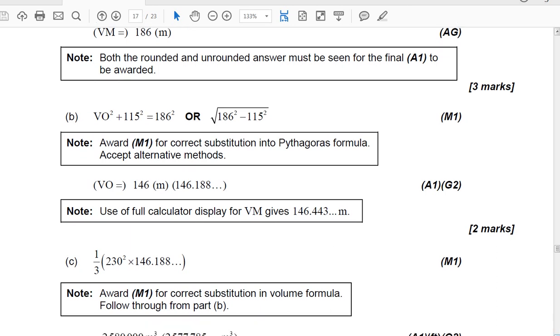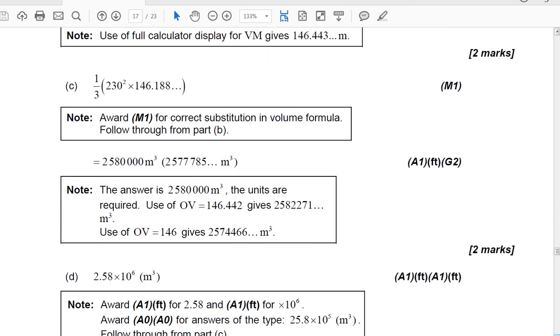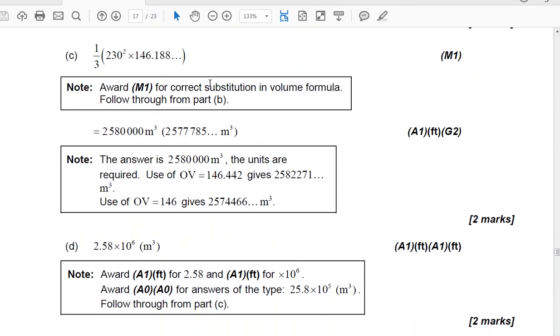Okay. Part C is where we found the volume of our pyramid, 1/3 of 230 squared times our height. And good, we used the 146 point, either we used the 188 or we used 0.2, and we ended up with 2,580,000. So that's good. The answer is 280 meters cubed.